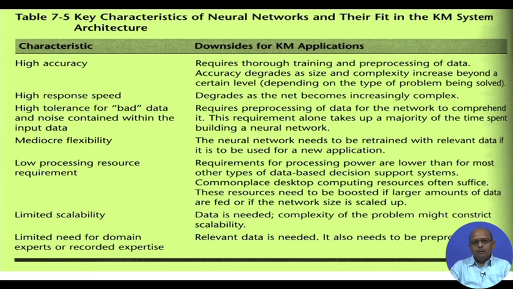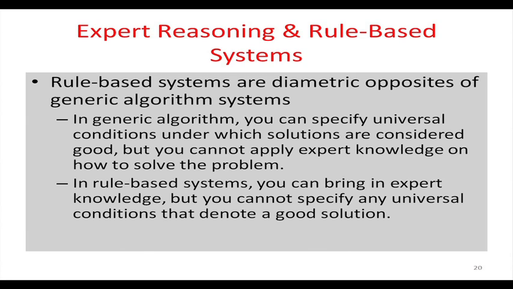Now, we have talked about certain computational networks, whether it is algorithm based or neural networks based, or even sometimes we use artificial intelligence or expert reasoning and rule based systems. Now, when I am talking about expert systems or rule based systems, you have to see that yes, they are just opposite of what you call genetic algorithms or neural networks, because genetic algorithm and neural network systems are based on certain techniques and formulas.